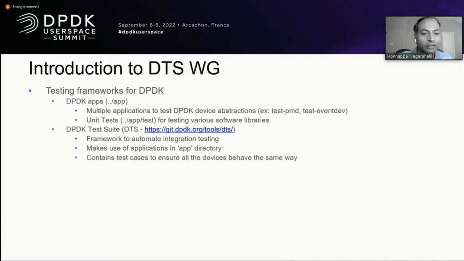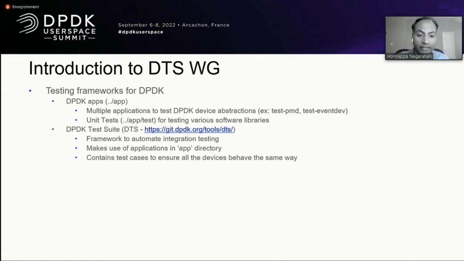Okay, so introduction to the working group. Today, there are two testing frameworks in DPDK. The first one is the DPDK apps, which is in the app directory. There are multiple applications over there to test DPDK device abstractions like test PMD, test event dev, and so on.